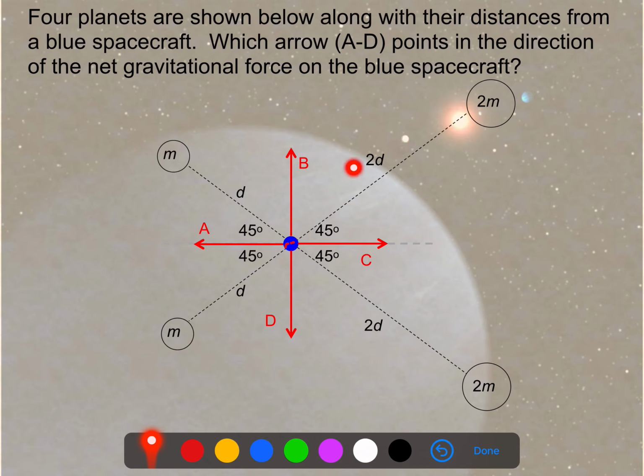And remember that the distance gets squared in the denominator, so this serves to weaken the force more so than this increase of mass would. And so we will find attraction more to these two masses, and if I think about what the net result will be, the y components effectively cancel, and what I have is a net force in the direction of A.